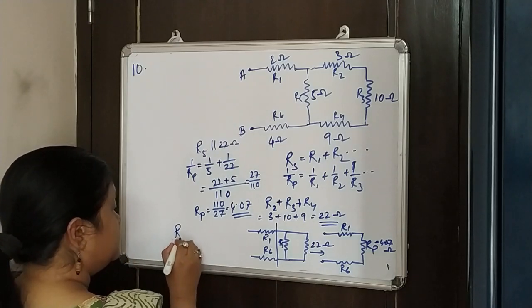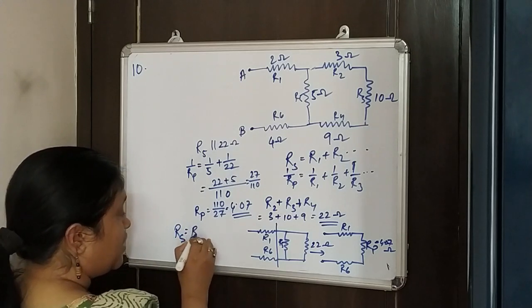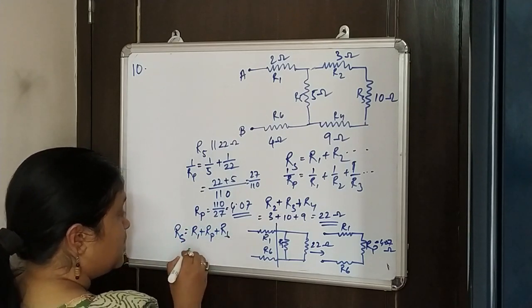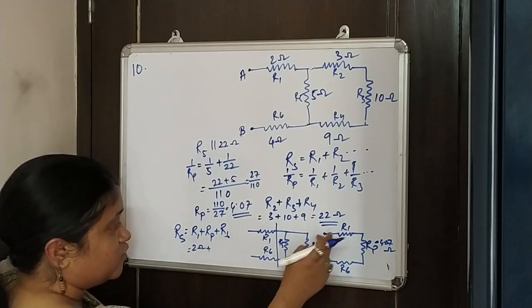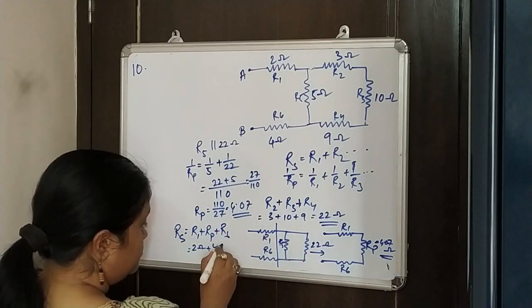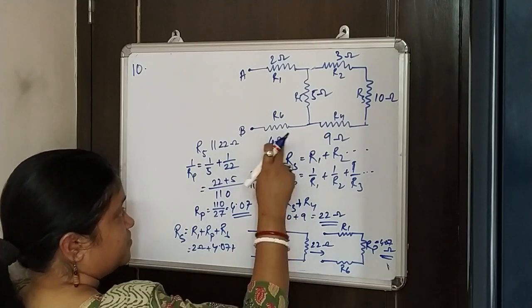So the final equivalent is R1 plus Rp plus R6. R1 is 2 ohm, substituting. Rp we have found as 4.07 ohm, and R6 we have as 4 ohm.